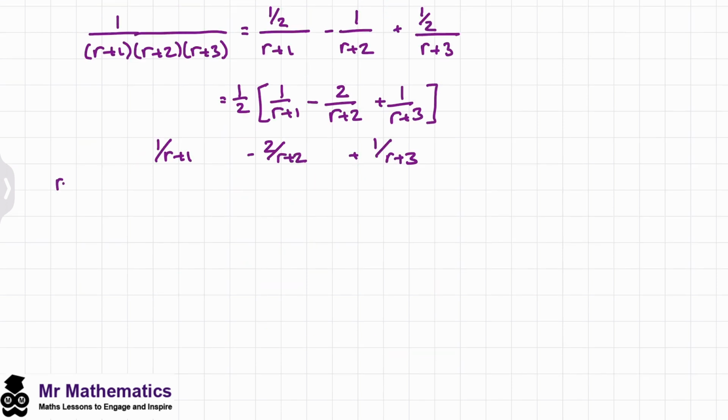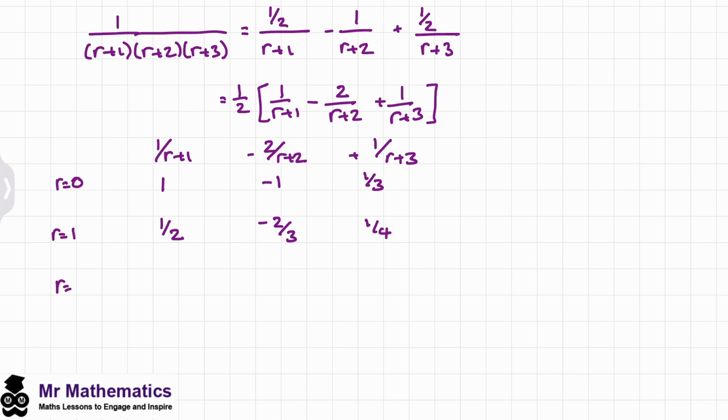So if we substitute in r equals 0, we get 1 over 0 plus 1, so just 1, -2 over 0 plus 2, which gives us -1, then we get 1 over 3. If we substitute in r equals 1, we get 1 over 2 here, -2 over 3, and 1 over 4.